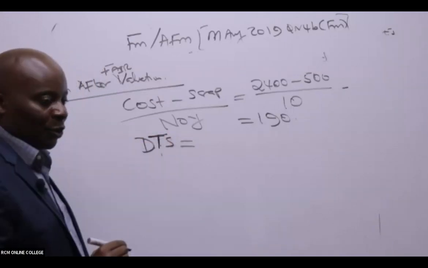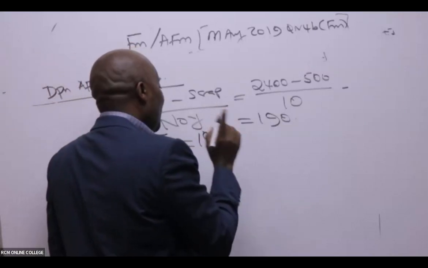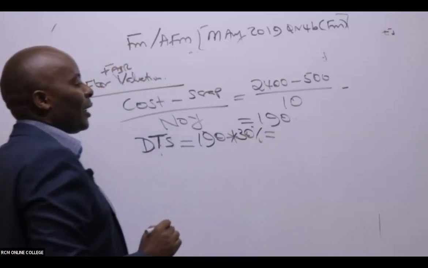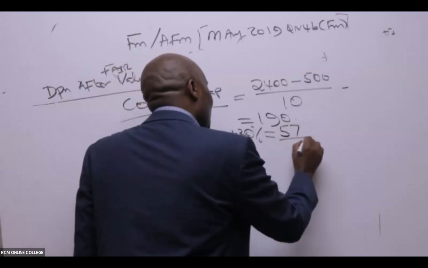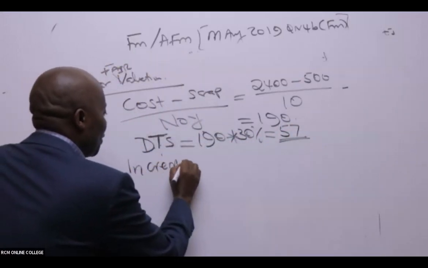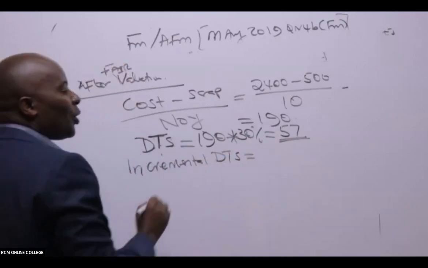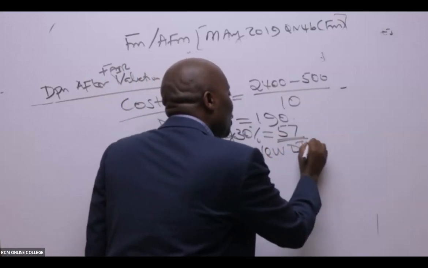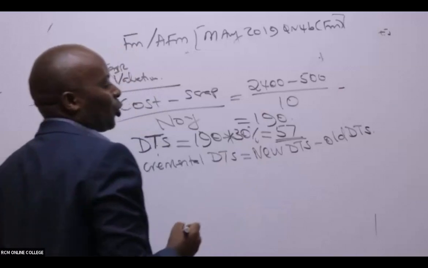Is there somebody who is able to give me this? So it will be this 190 times 30%, which I'm being given as 57. This is very interesting because, because of the new machine, I'll now give the incremental DTS. So the incremental depreciation tax shield will be the new depreciation tax shield minus the old machine's depreciation tax shield.